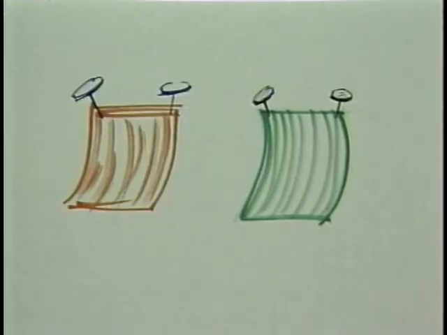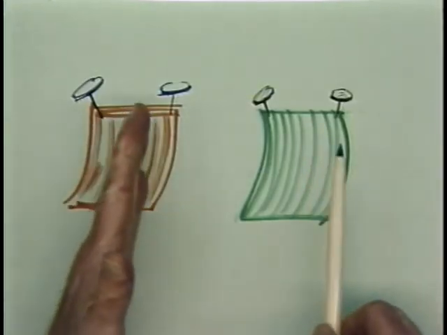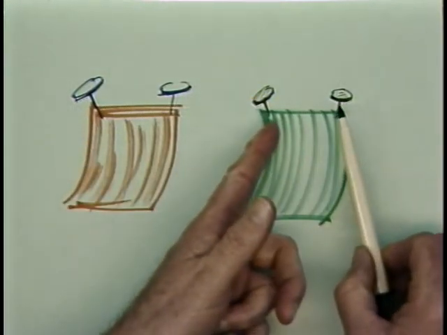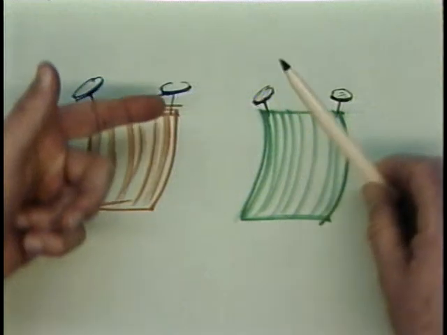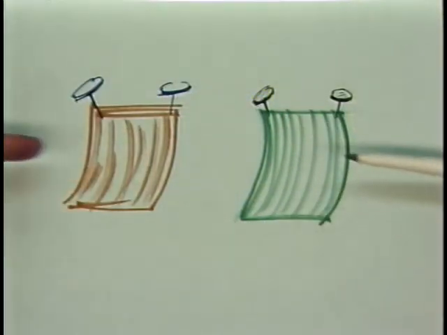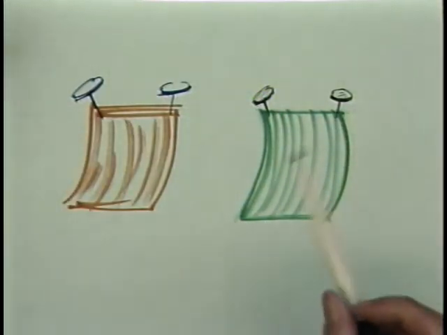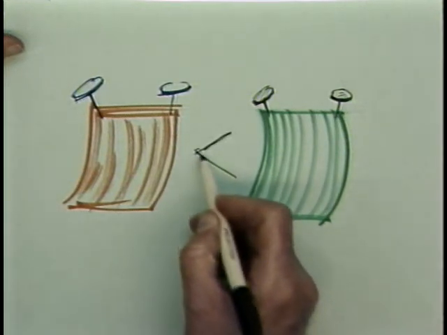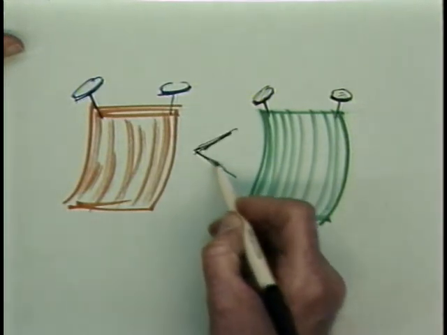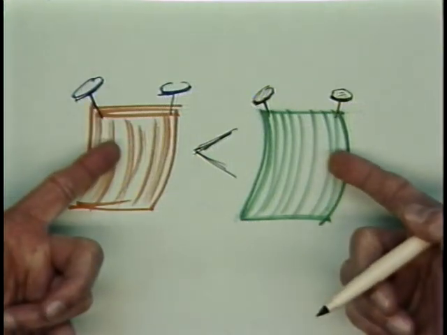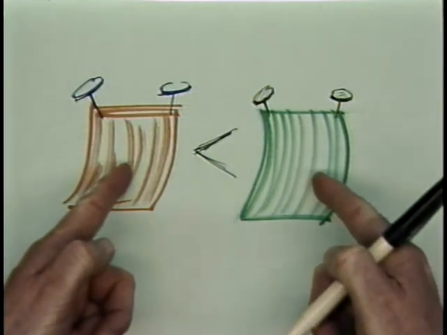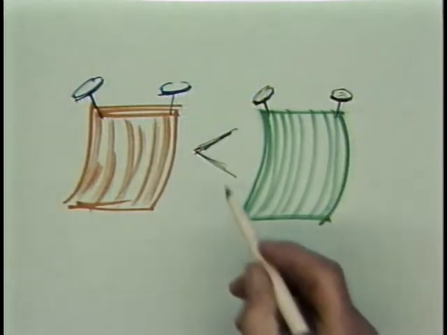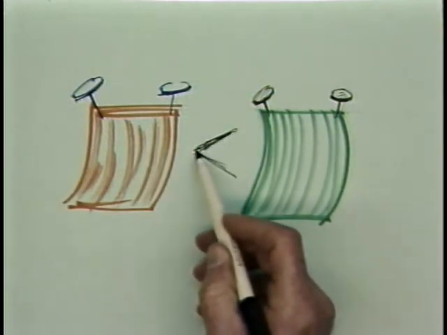Before we leave each other, let's review several other ideas that were important to this lesson. Let's say we have two sheets, a green and an orange one, each covering a number. We won't let you see the number, but we do tell you this is true about the two numbers. Then even though we don't know what they are, what can we say about this one relative to this one? Or in short, what does this mark say?